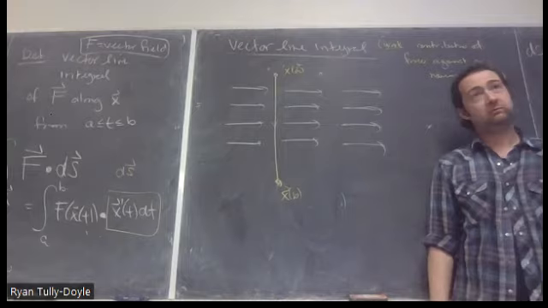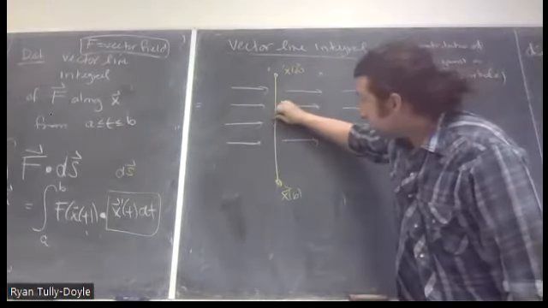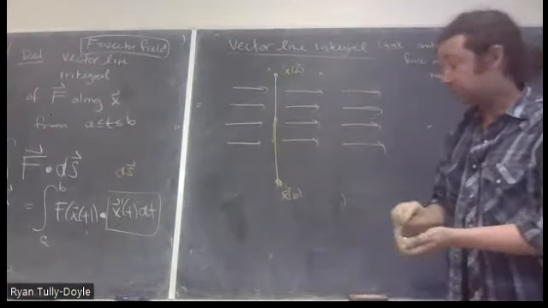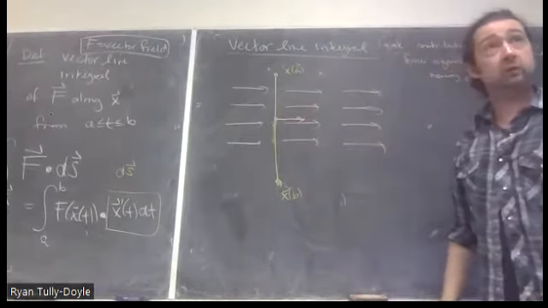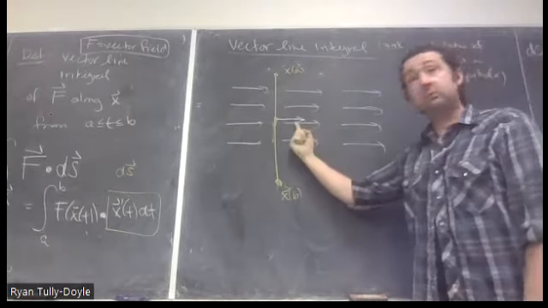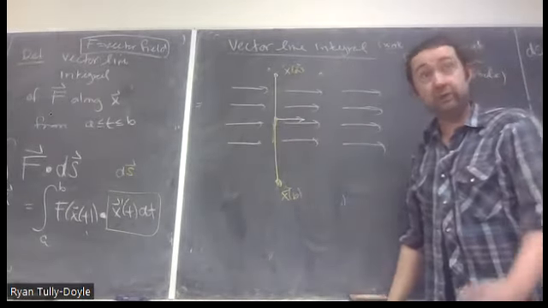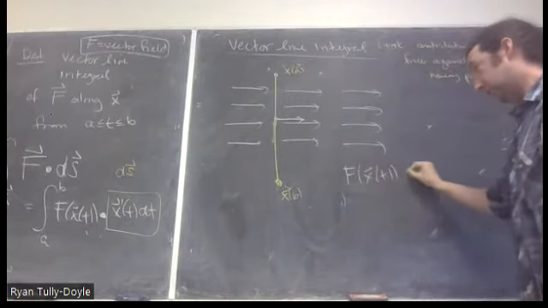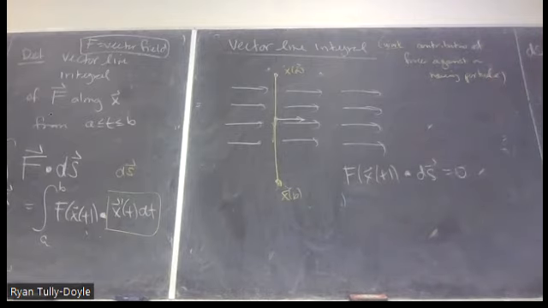Why not? Because any motion of the path is in this direction. Velocity of the path is in this direction. The force field is acting in this direction. So there's no interaction between the force field and the direction of motion. So this dot product would be 0. In this context, f of x of t dotted with ds is 0 for all t.